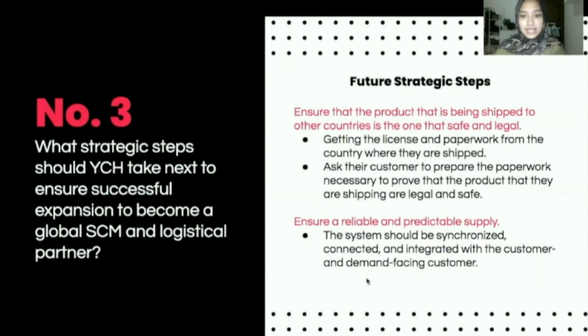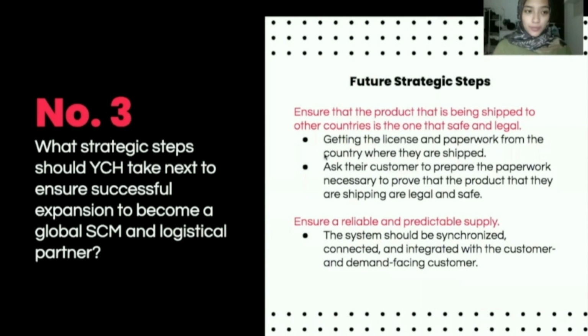In this case, it can be done by getting the license and paperwork from the country where they are shipped. And the second one, they can ask their customers to prepare the paperwork necessary to prove that the product they are shipping is legal and safe.